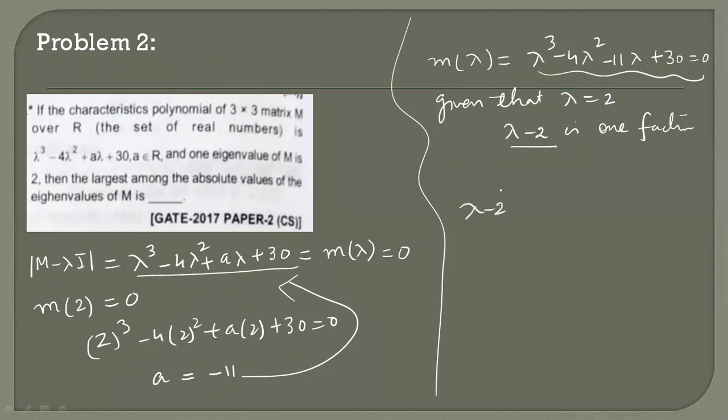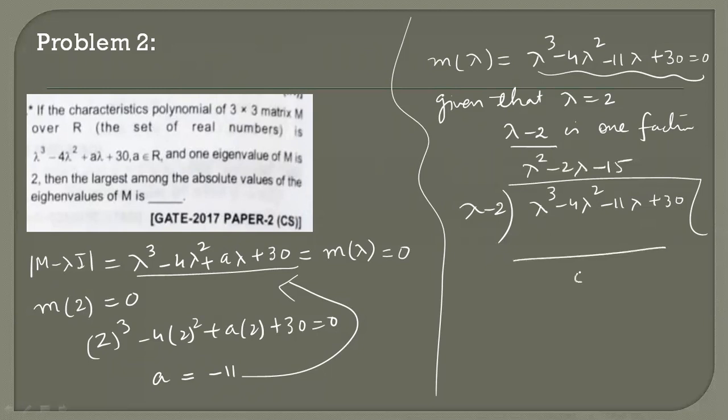So if you divide lambda cube minus 4 lambda square minus 11 lambda plus 30 by lambda minus 2, or you can just calculate from a calculator also if it is allowed, the output is lambda square minus 2 lambda minus 15, with remainder 0 and this quotient.